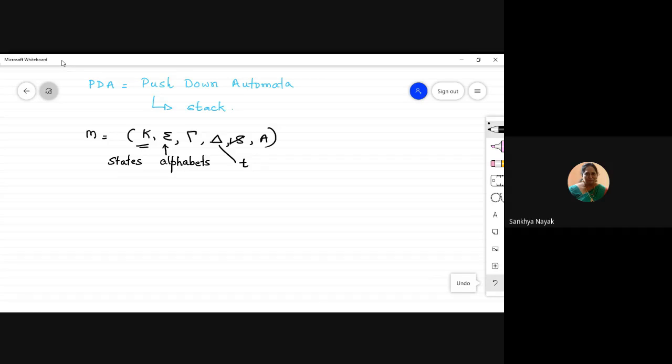Delta is transition functions. So transitions you studied with names like delta or rules so far, correct? And S is the small s, that is the starting symbol. And A is a set of accepting states.